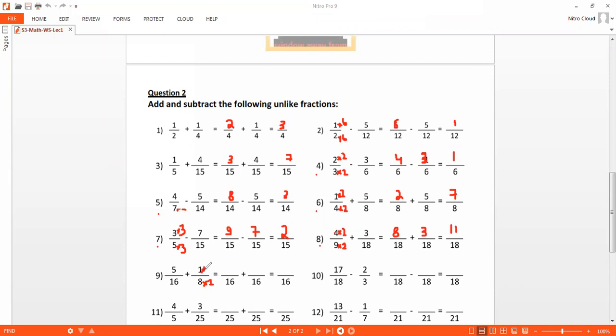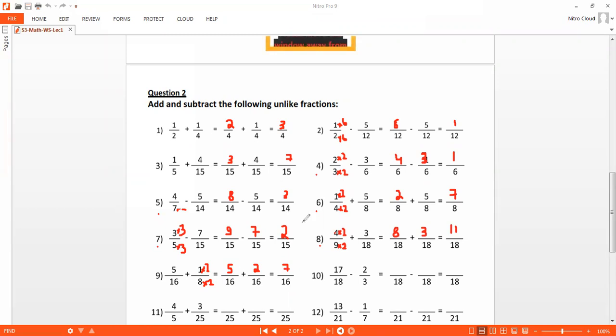What about the first fraction? 5/16. Plus 2 over 16. Okay, and now what's the final answer? 7/16. Thank you, Selena.